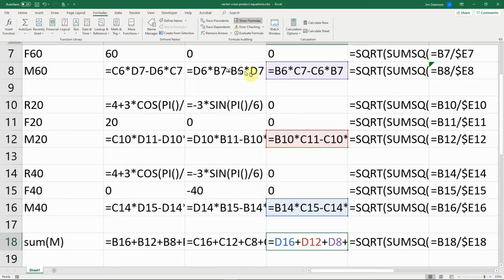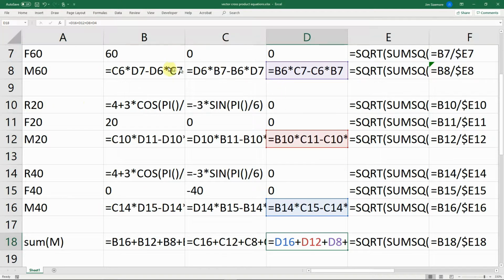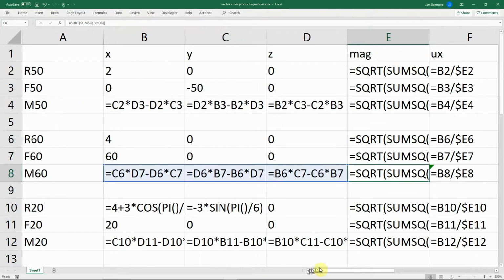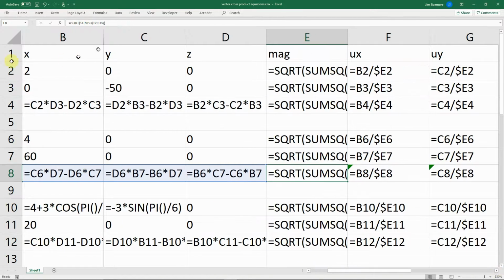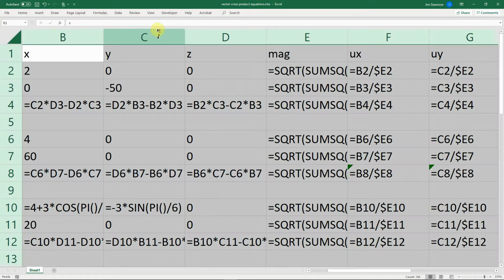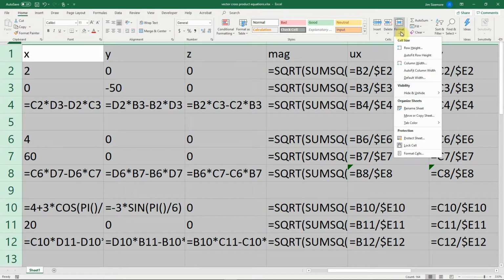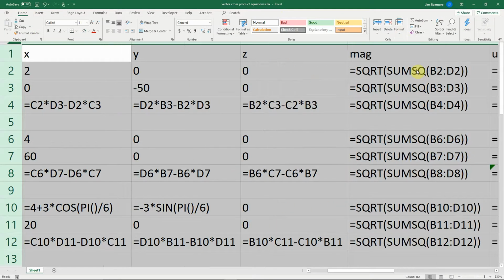Now, a lot of these had errors in them right here when we talked about formulas, because you had a 0. And let me also format this, auto fit column width. Okay, so it's nice and pretty.